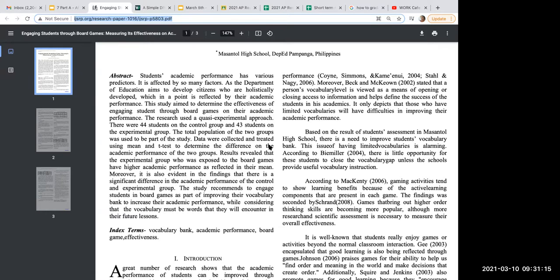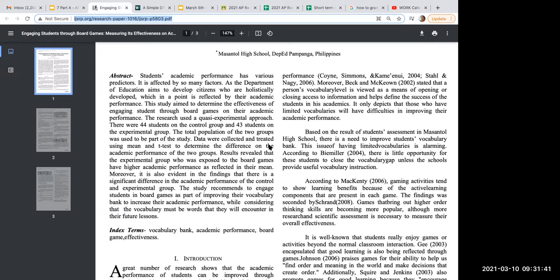This study aimed to understand the effectiveness of engaging students through board games on their academic performance. The research used a quasi-experimental approach. There were 44 students in the control group and 43 students in the experimental group. The total population of the two groups was used to be part of the study.